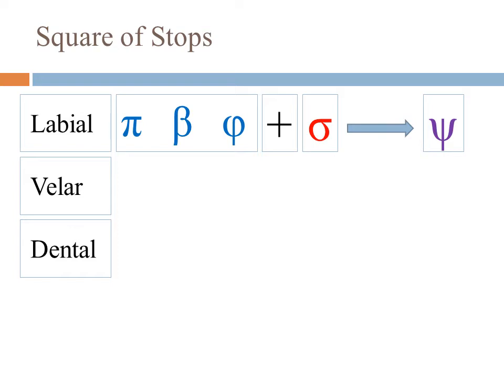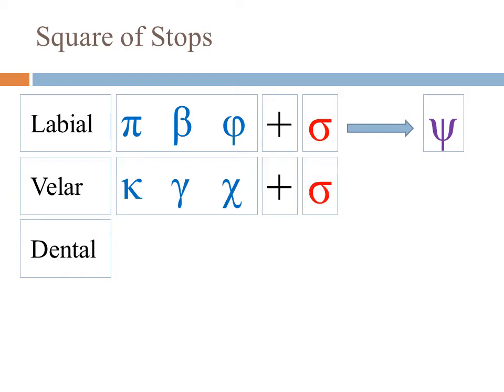The velar is formed when the tongue is at the top of the mouth. And those are kappas, gammas, and chis. And when a velar touches a sigma, it turns into, predictably, a kasi. Kappa sigma, kasi.